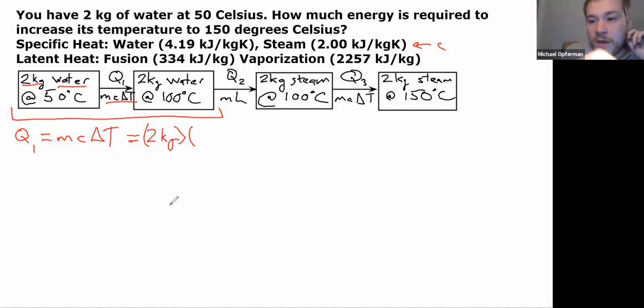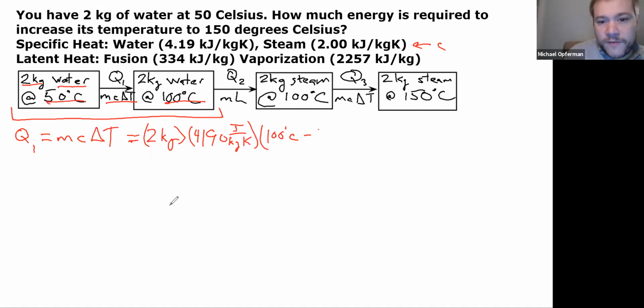It's water at the beginning, water at the end. So I use the number for water. I have to convert that to SI. So it becomes 4190 joules per kilogram Kelvin. And then my delta T, there's my final temperature, 100. There's my initial temperature, 50.